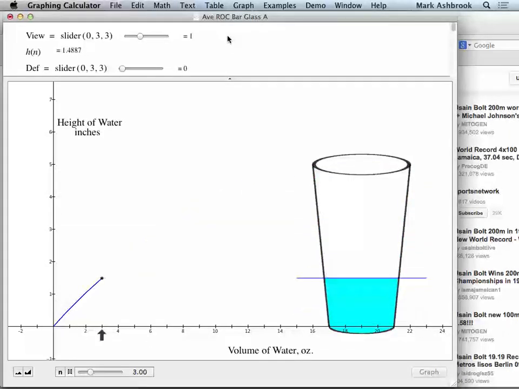Just to remind you, neither of these quantities are time, okay? It's not about time. So keep focused on these two quantities, height of the water and volume of the water.